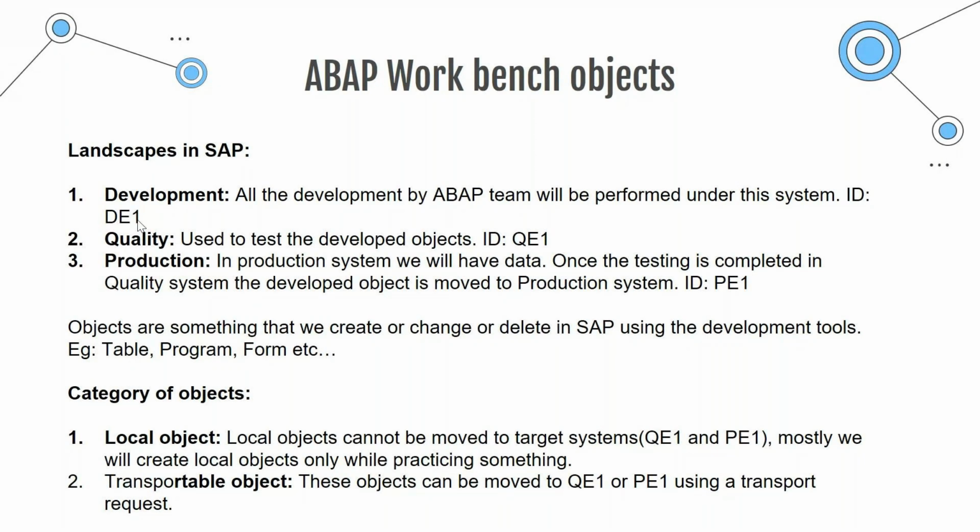They will ask you to see why it is not working and correct it. Again we have to start the development in the development system. We have to identify where it is failing, what scenario is not working, and modify the code or whatever.